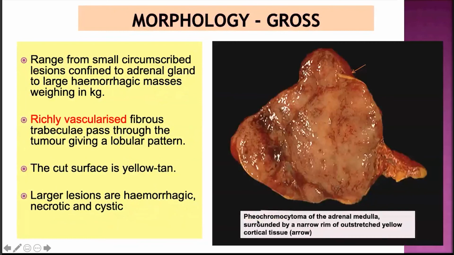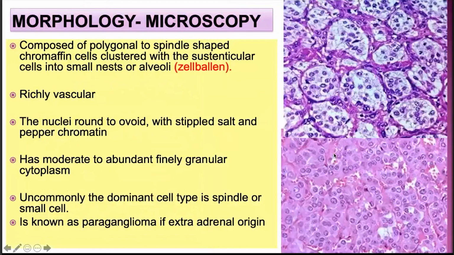This is an example of the gross finding of the tumor. You can see the hemorrhagic. This is the mass that arising from the medulla, okay? And morphologically, you can see here the cells are arranged in, we call it a solid nest like this, or we call it Zellballen pattern.